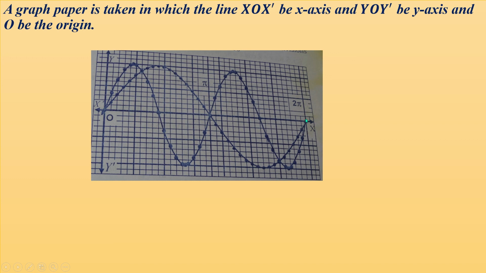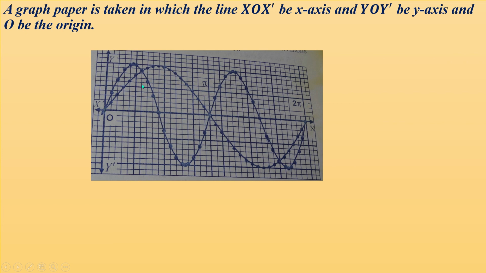The function is given as sin 2x minus sin x equals 0. Here there is no y. That means you have to find the value of only x. No need for y. But for ease of calculation, we let y equal sin 2x and y equal sin x. We have to find the value of only x.